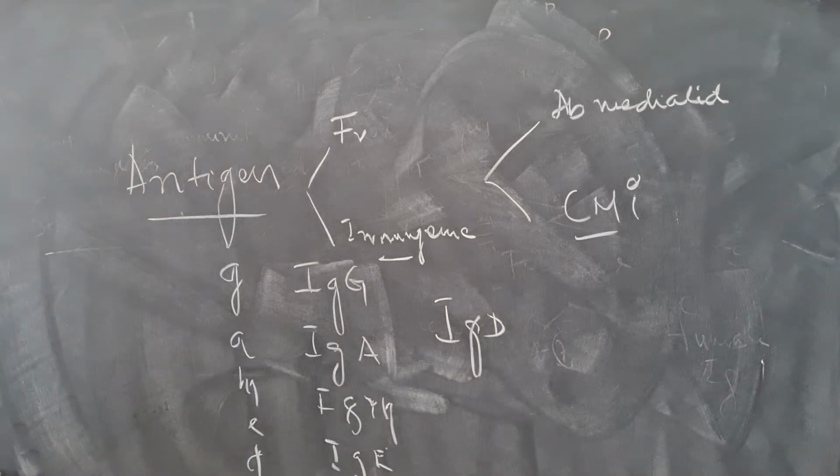How many classes of immunoglobulins? Five. There are two types of immunity: one is cell mediated immunity, another is antibody mediated immunity.